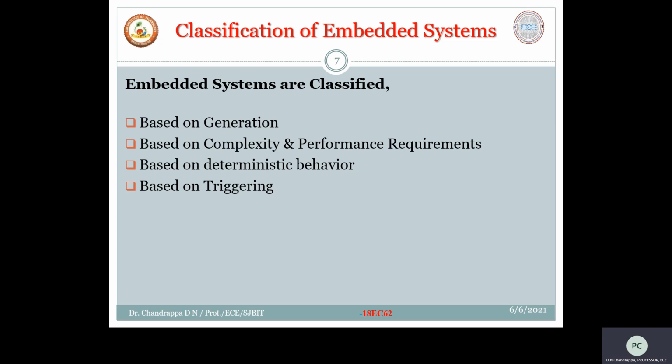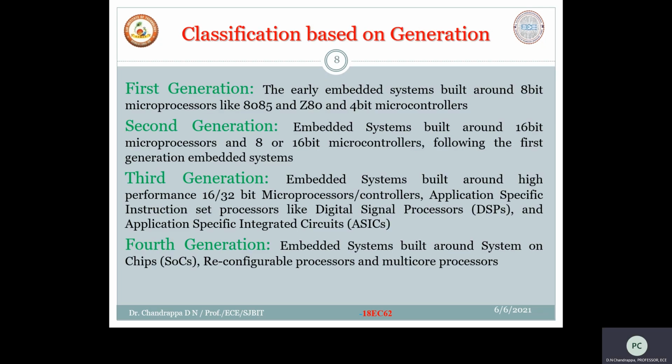Based on generation, the embedded system classification has four types: first generation, second generation, third generation, then fourth generation. What are these?